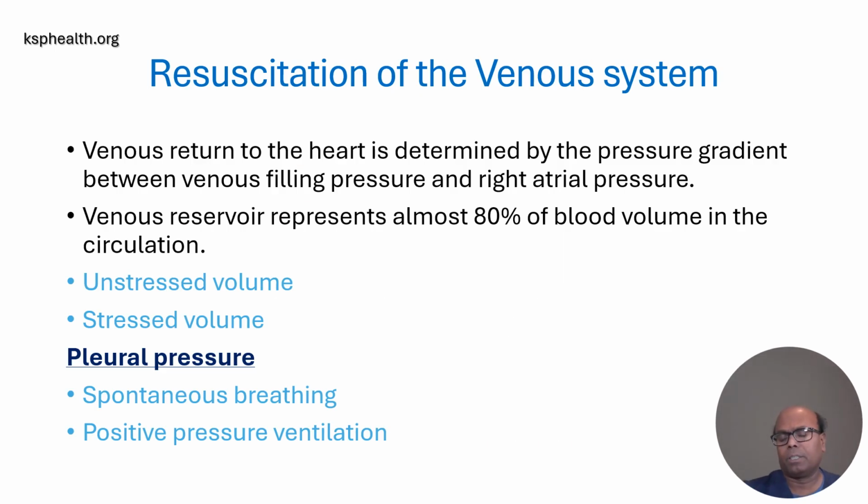We want to dissect further how to resuscitate the venous system. The venous system has two components, unstressed volume and stressed volume. The venous return is also influenced by whether the patient is spontaneously breathing or on positive pressure ventilation. Even among positive pressure ventilation, whether the pressures are optimal or really high.